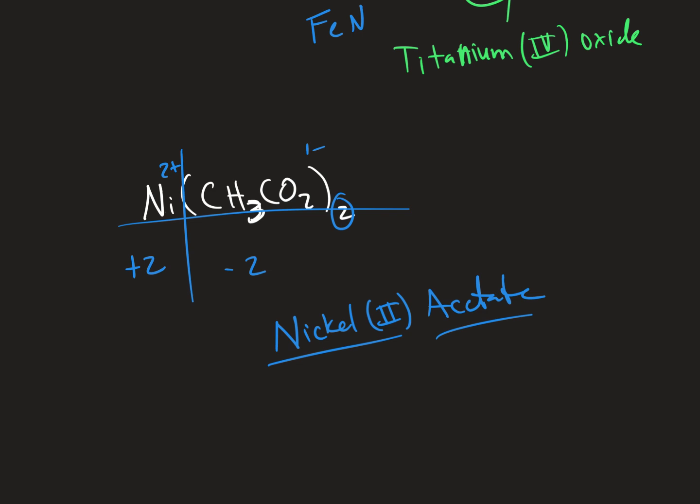So memorize these. That's going to make your life much, much easier in this class. If you don't memorize it, you're going to struggle the rest of the semester. Good? Get these down. Memorize them.